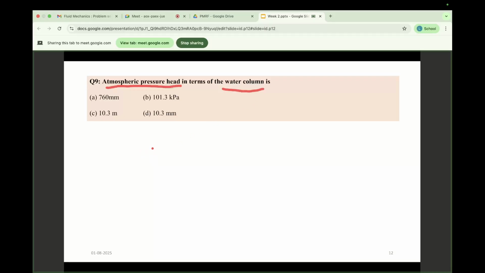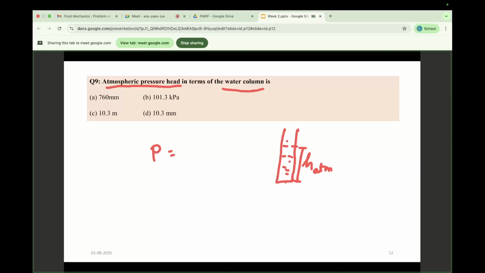So, atmospheric pressure we know, P. In terms of water column, if water column basically refers to this thing, say in a column there is water of height h, you need to find out the value of this H ATM.